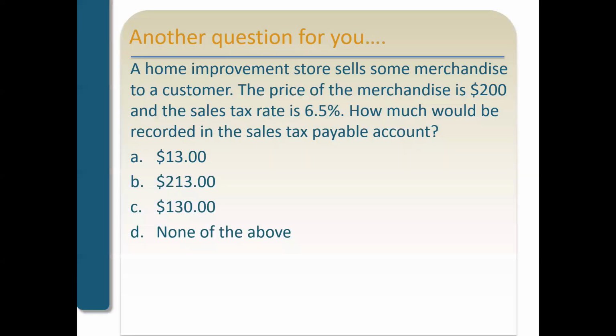Okay. How about this one? A home improvement store sells some merchandise to a customer. The price of the merchandise is $200 and the sales tax rate is 6.5%. How much would be recorded in the sales tax payable account? What do you think, guys?